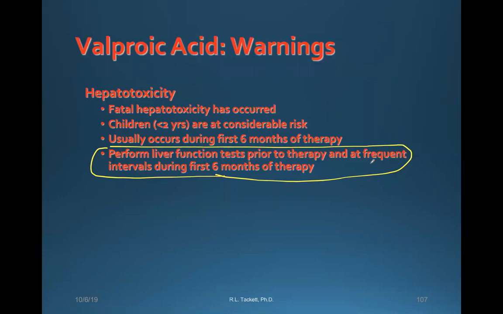After that first 6 months, we can spread things out a little bit more, but probably you want to monitor this at least monthly. Definitely, you don't want to go 2 to 3 months. You might want to get a baseline, then one within a month, and also whenever the patient reports any signs of liver dysfunction, which can be a wide range of things.